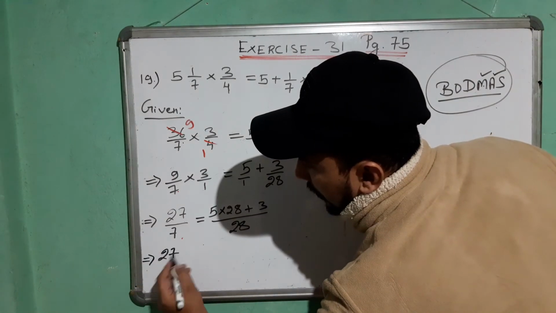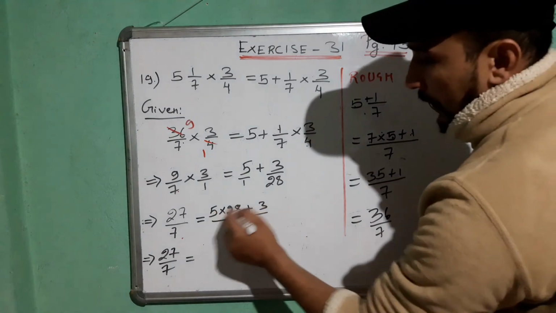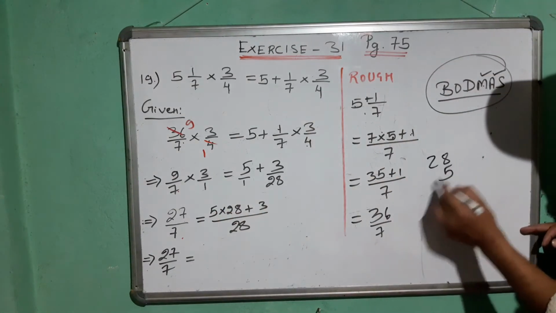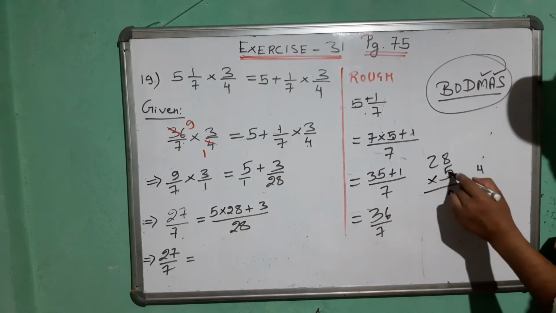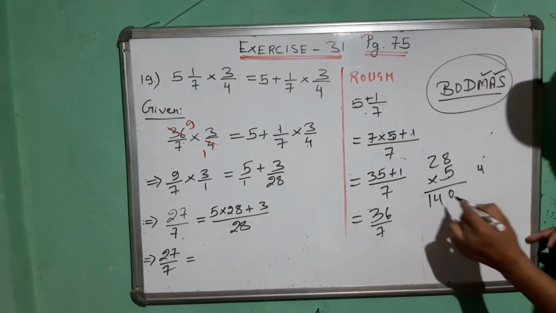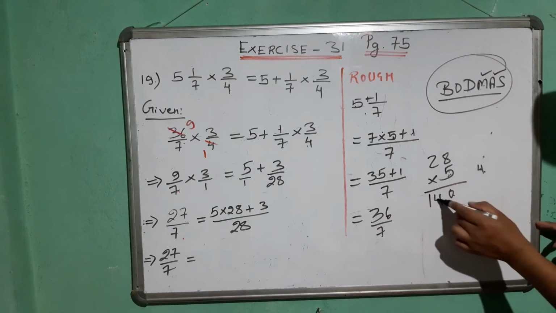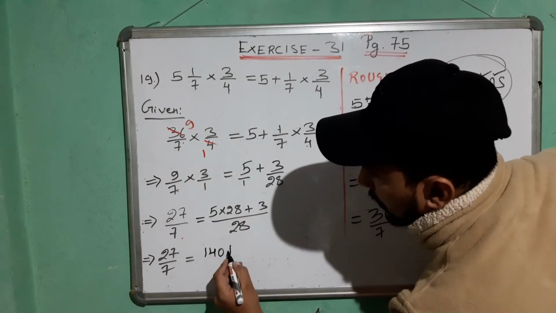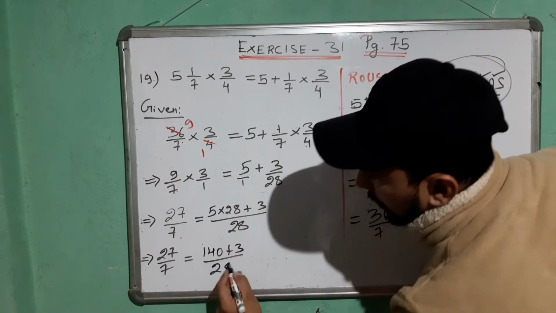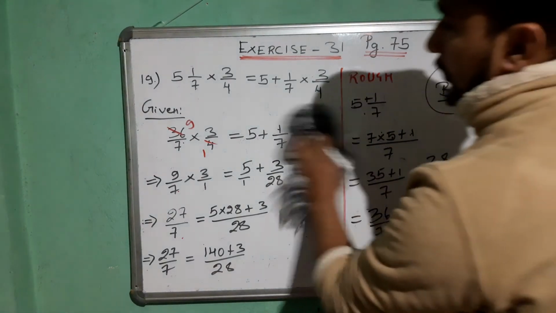So 27 divided by 7 is equal to, multiply it, 5 into 28: 5 8s are 40, 4 is carried over, 5 2s are 10 plus 4 is 14. So 140 plus 3 divided by 28.